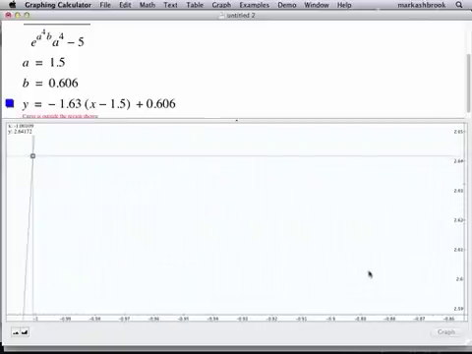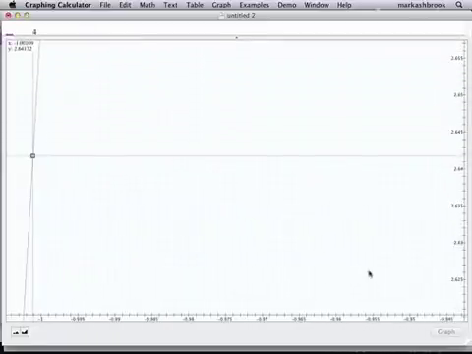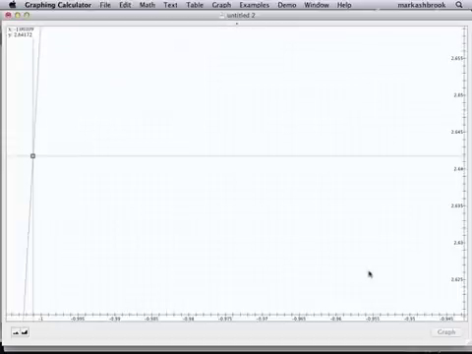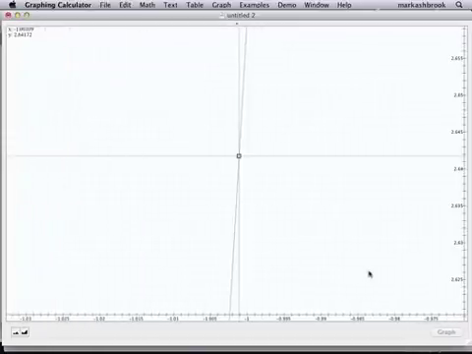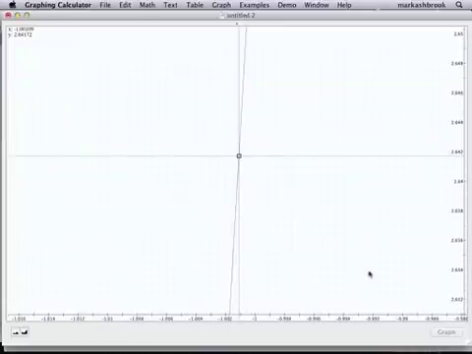Let's get local linearity for this one. So I'll let you make your prediction after I zoom in rather than before. So this is our point 1, negative 1, and 2.6. Predict the rate of change. Go. Get your partner. Predict the rate of change.